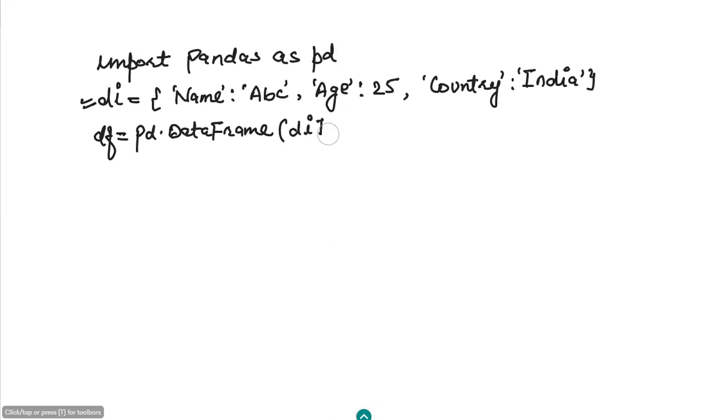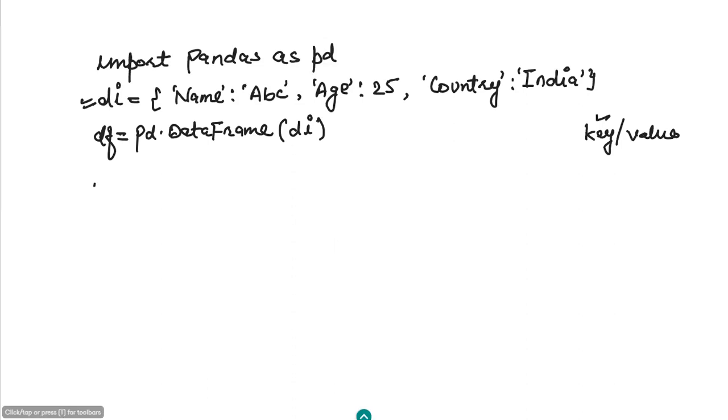Okay, and look at this, how we create a dictionary. A dictionary contains pairs of key and value, key and its value. So all the keys here will become the columns, right? So look at this, what I am talking about.